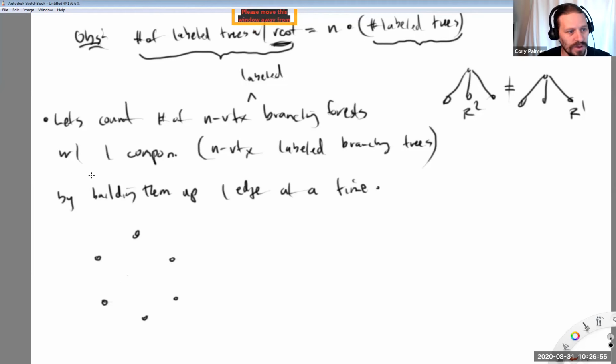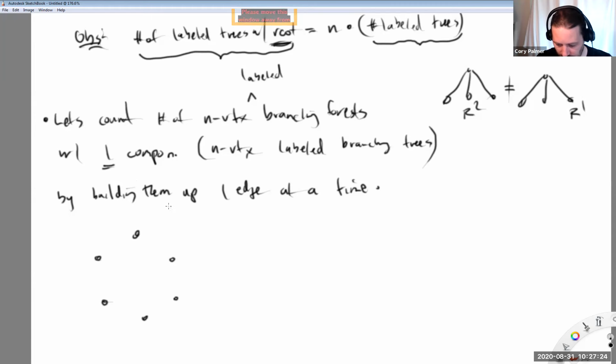And what I'm gonna do is try and end up with an n vertex labeled branching tree. Remember, a branching tree also has a root. And I'm gonna do that by adding an edge at a time. At each step, I'm going to have an n vertex labeled branching forest with not one component, but more components. But each time I add an edge, I'm gonna destroy components. And so when I've added n-1 edges, I'll have a tree. That's the goal here, okay?